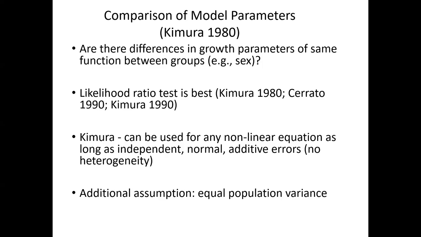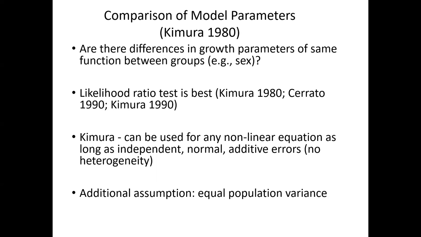Essentially he showed that the likelihood ratio test is the best method, and it was followed up by several papers after that by Cerrato in 1990 and Kimura again in 1990. All these methods, as I mentioned earlier, have the same assumptions. The errors are independent, normal additive errors, no heterogeneity up to this point. And then there's equal population variance across the groups that you're comparing.